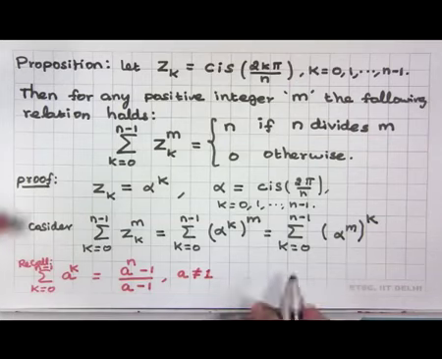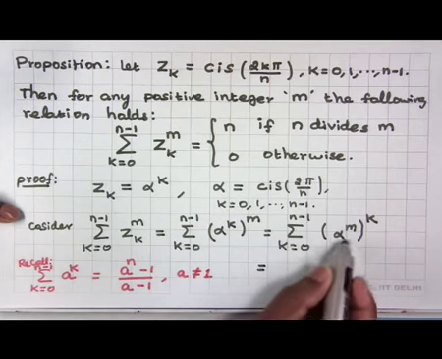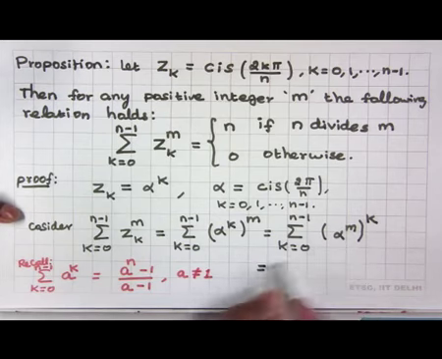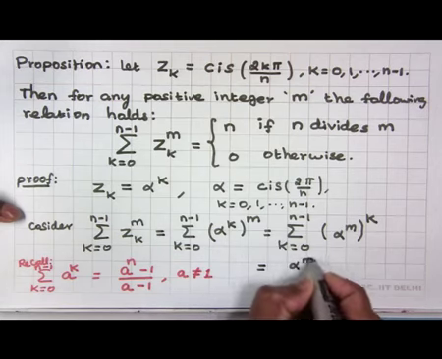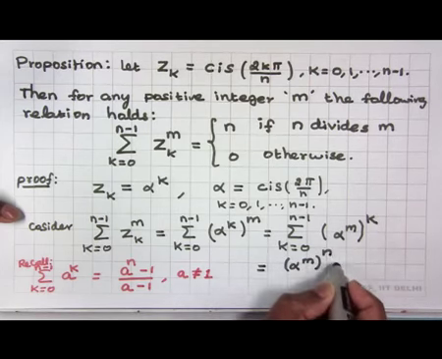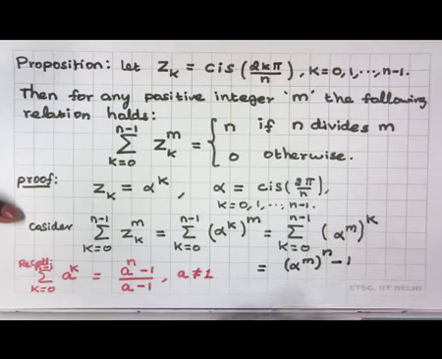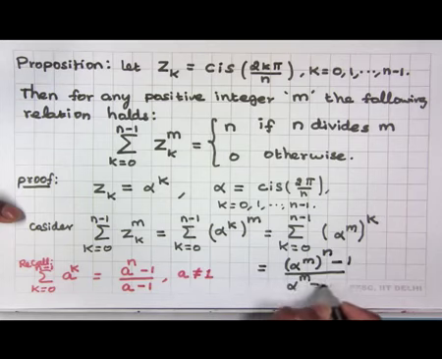We can apply this here, which means that the sum value, here a is the fixed value alpha power m. So, we get alpha power m raised to the power n minus 1 divided by alpha power m minus 1.